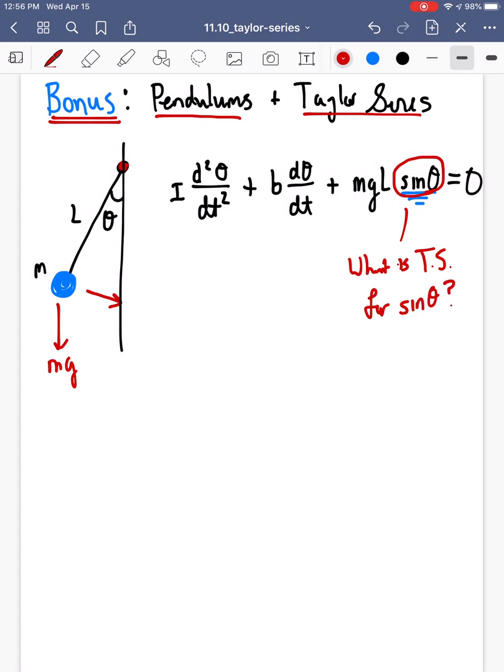So if you remember the Taylor series for sine, it can be written as sine of theta is equal to the infinite series from n equals 0 to infinity of (-1)^n. Since we have theta as our variable, it's theta to the 2n+1 all over (2n+1) factorial.